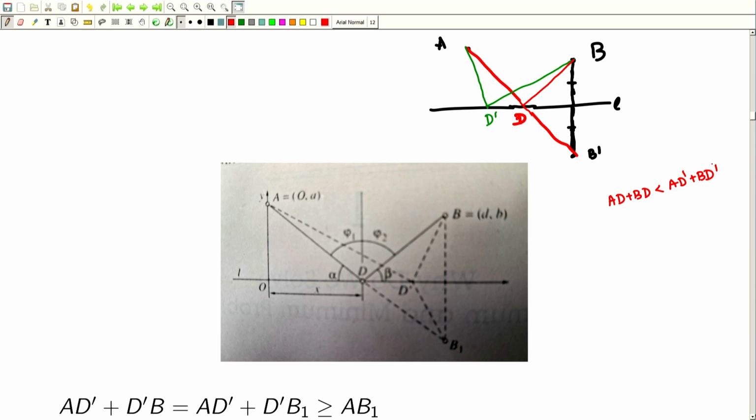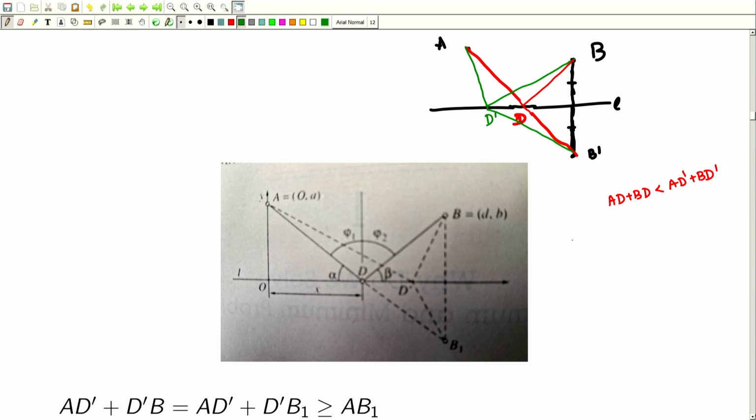As we can see, AD prime plus D prime B is equal to AD prime plus D prime B prime, because this is an isosceles triangle, this is a right angle.